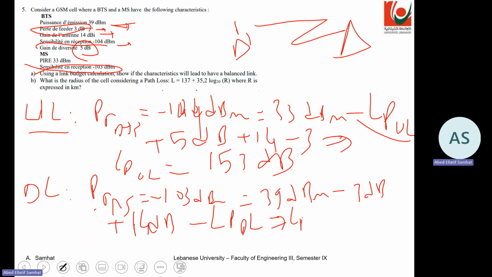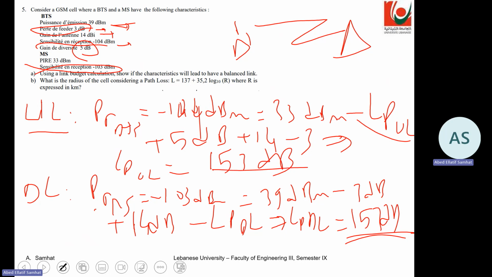In this case, LP downlink equals 39 minus 3 plus 14, and then minus the sensitivity, which is also equal to 153 dB.